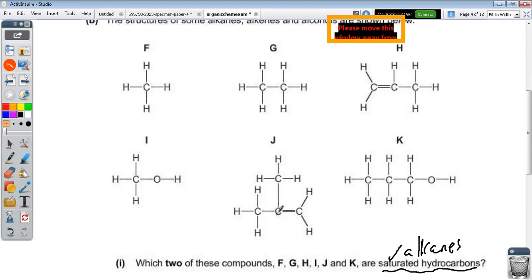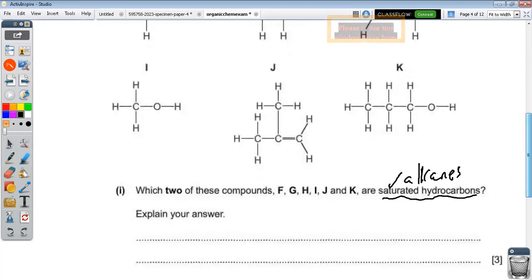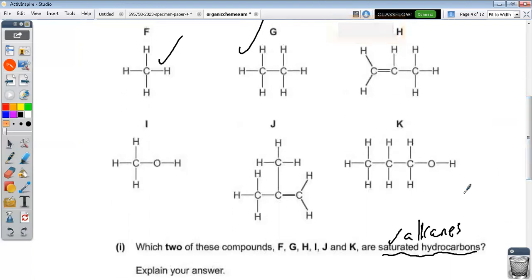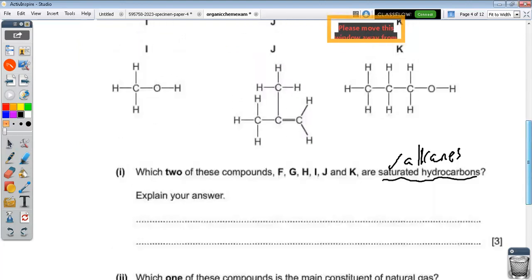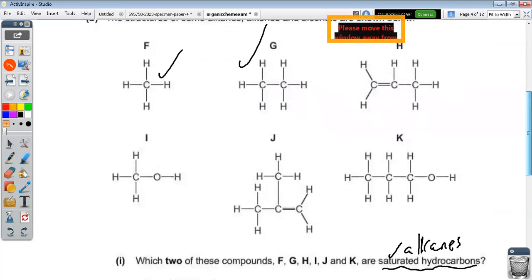Saturated, yes. Because it cannot easily react, that's why if you want to react with halogens, you have to use UV light. Otherwise, without UV light, no reaction. Clear now? So F and G.